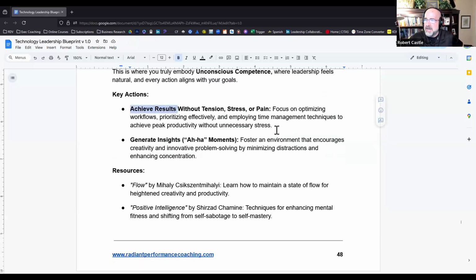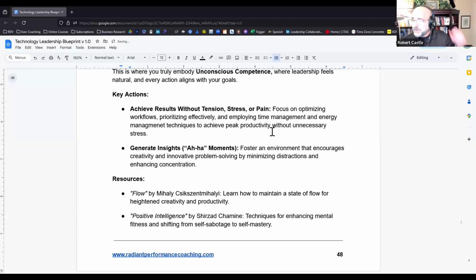So key actions: achieve results without tension, stress, or pain, focus on optimizing workflows, prioritizing effectively, and employing time management techniques to achieve peak productivity without stress.